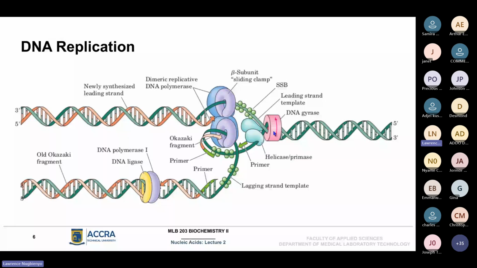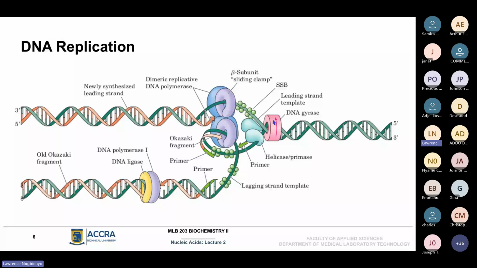So it's just as if you are using a screwdriver to unscrew a screw, or maybe a spanner to unscrew a bolt, for instance. So DNA gyrase has such a function in this process.